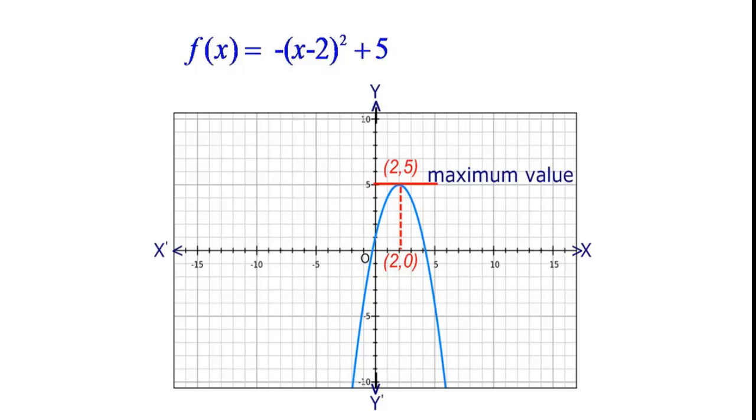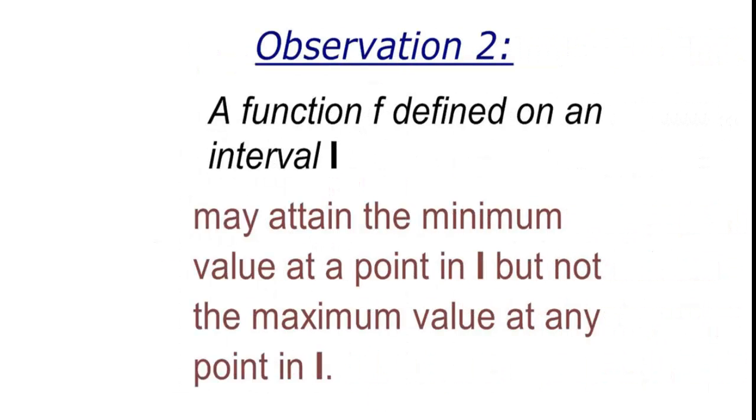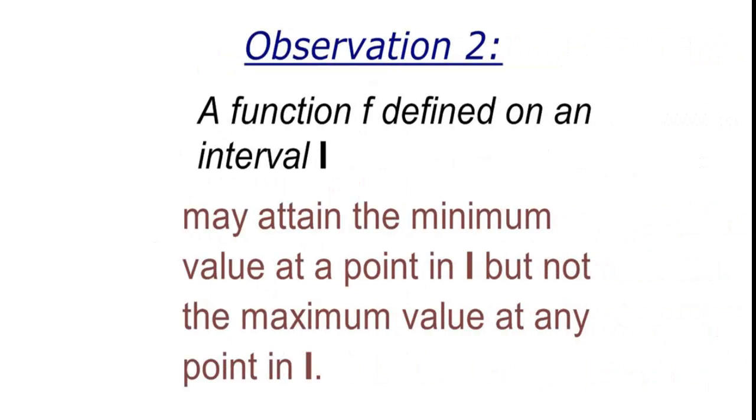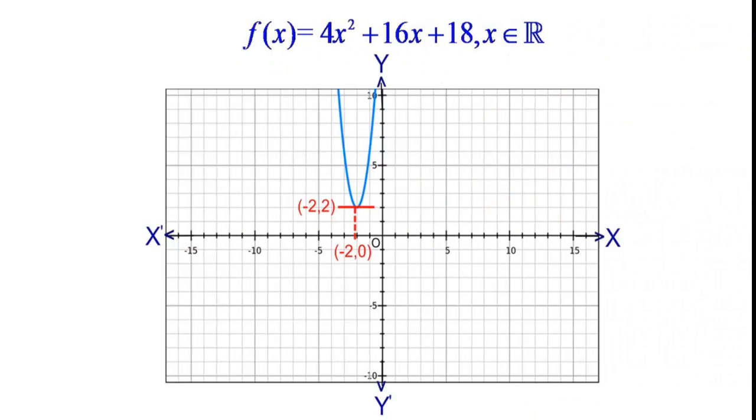The second observation: a function f defined on an interval I may attain the minimum value at a point in I but not the maximum value at any point in the interval. Here is the graph. F of x is equal to 4x squared plus 16x plus 18, where x belongs to the set of real numbers.